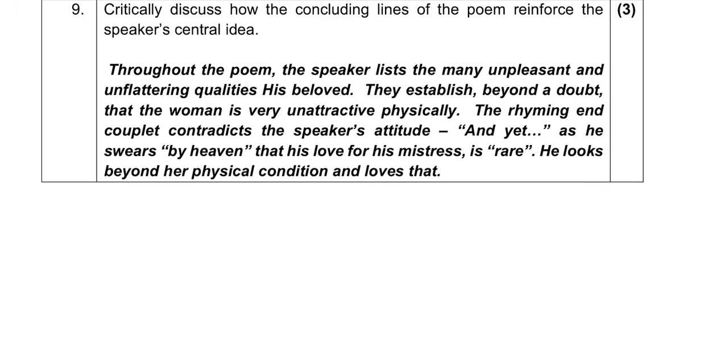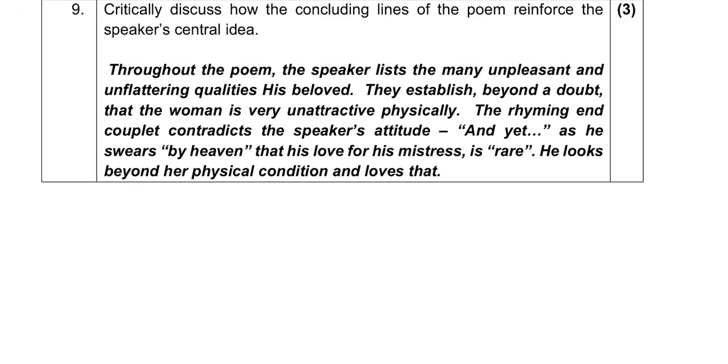Okay, throughout the poem, the speaker lists the many unpleasant and unflattering qualities of his beloved. Sorry, I see there's an error there. They establish beyond a doubt that the woman is very unattractive physically. The rhyming end couplet contradicts the speaker's attitude. Why?